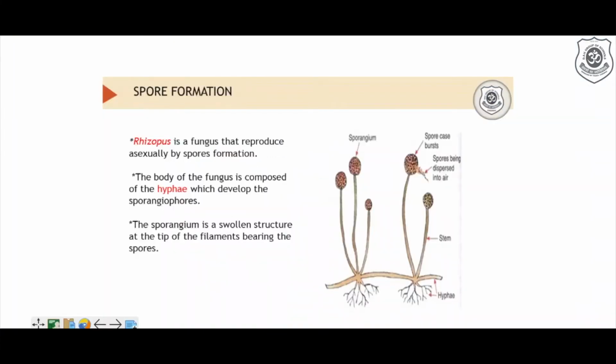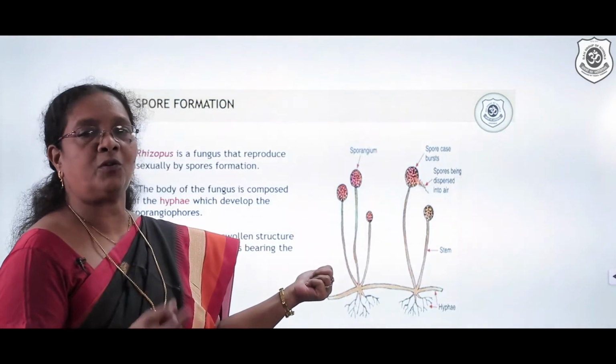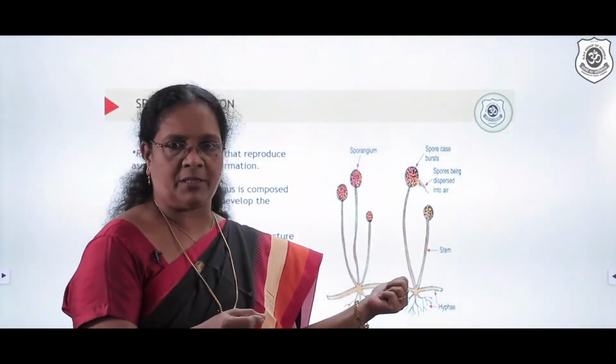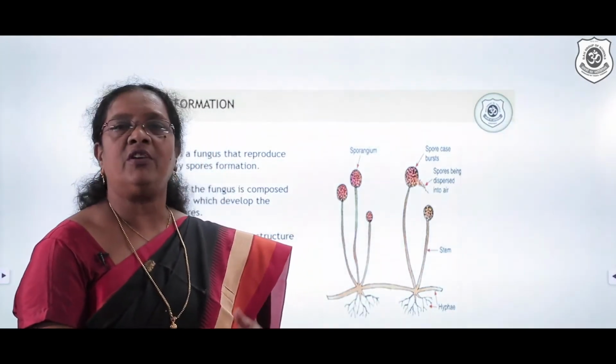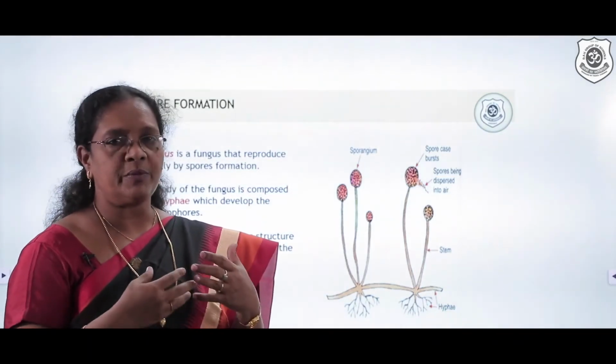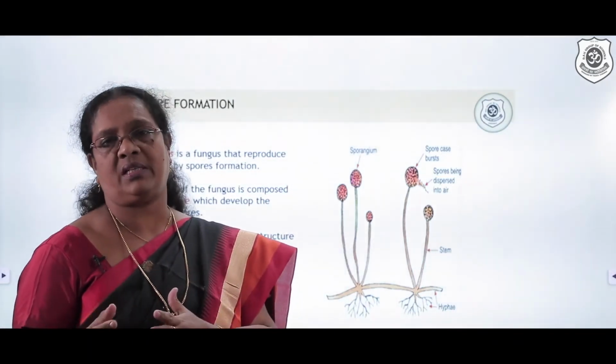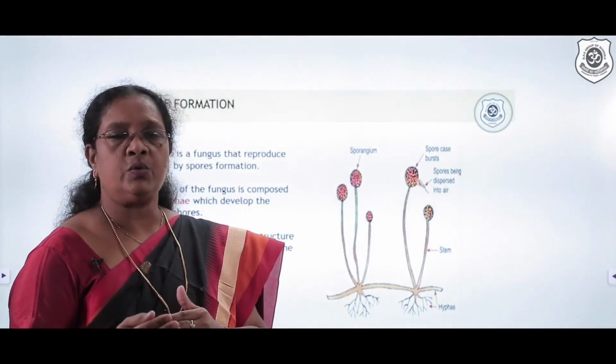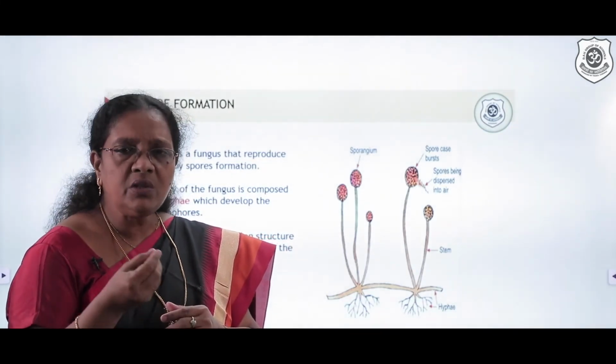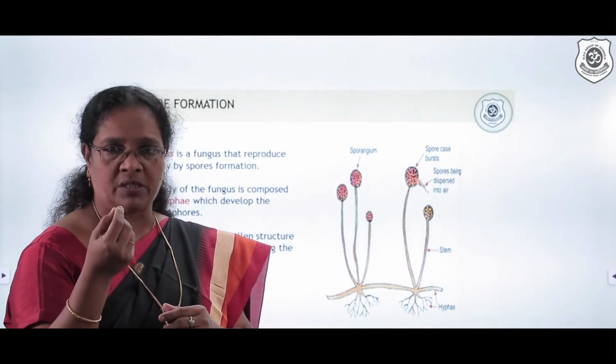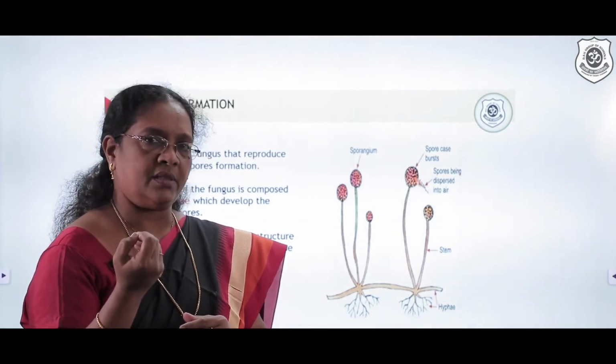We have been studying how yeast helps in the formation of bread, and now we are going to study something about spore formation, which is going to spoil the bread. I'm sure most of the time in your house you buy bread, we don't consume the full lot and we leave it aside. A day or two or three after that, slowly you start observing some black spots. What exactly happens?